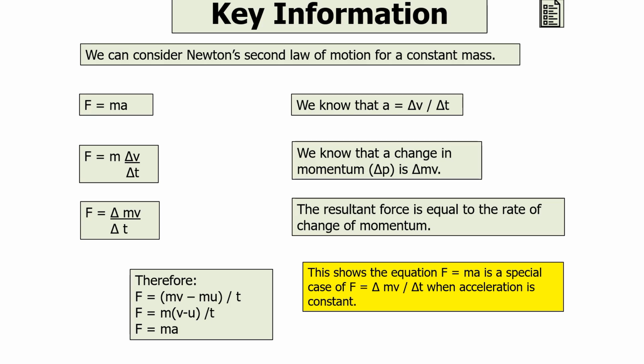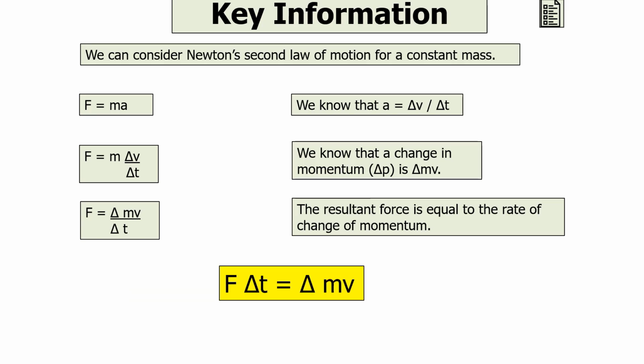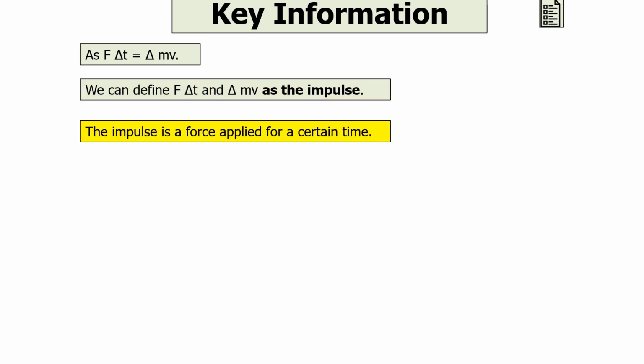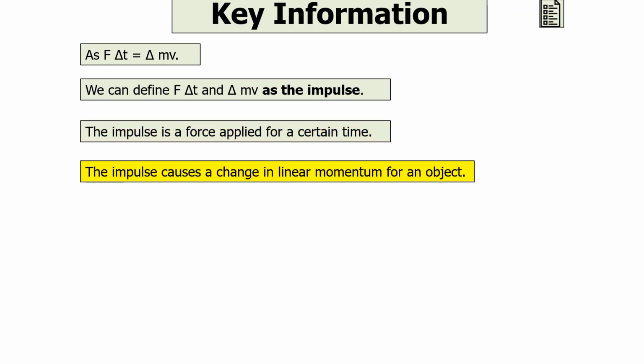We can finally write this out to say that F delta t is equal to delta mv. Now this is important because we can then define F delta t and delta mv as the impulse. So the impulse is a force that is applied for a certain time. The impulse causes a change in the linear momentum of an object.